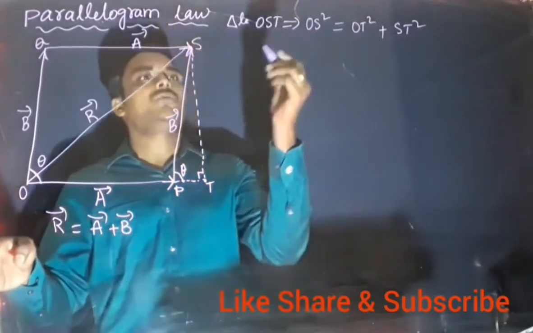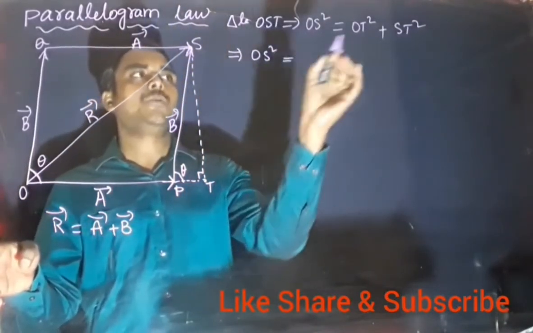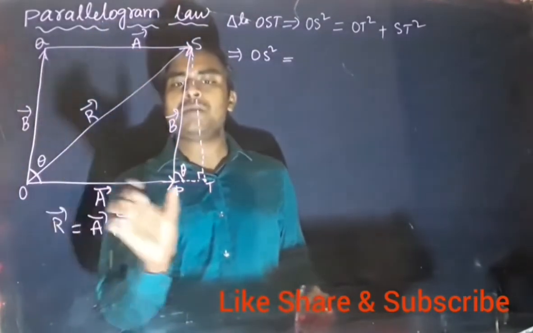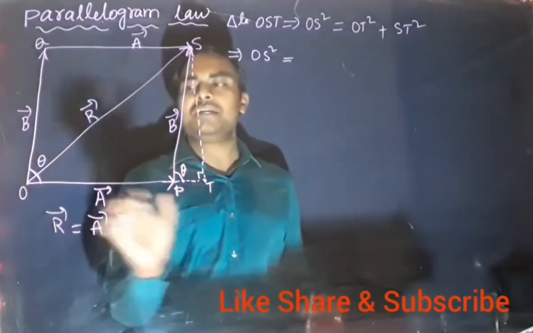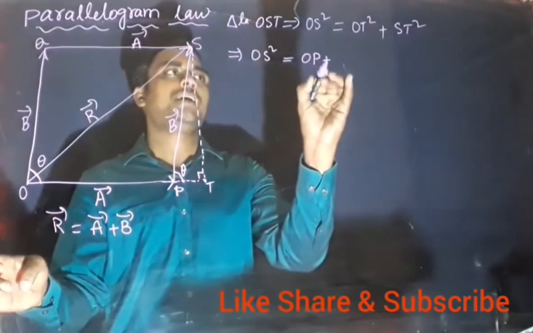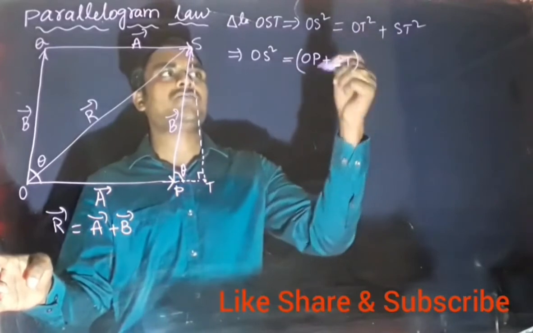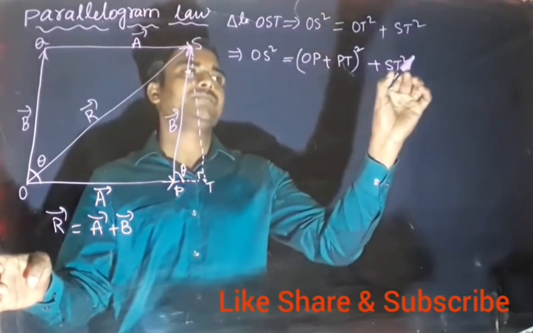Now this OS square equals OT square. OT can be written as OP plus PT. This total length from O to T can be written as OP plus PT. This is written in the place of OT, so OT square is the whole square of OP plus PT, plus ST square.